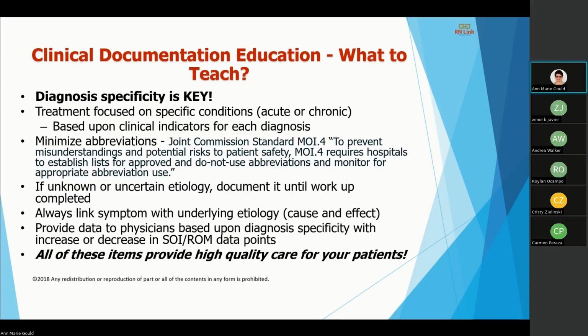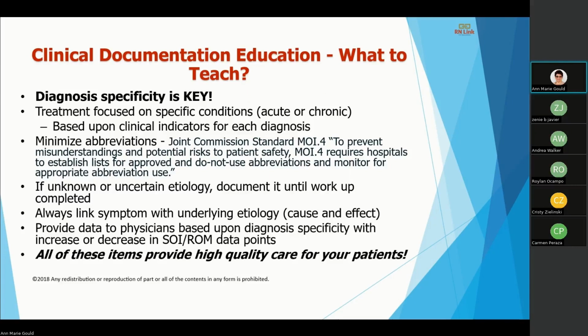And Joint Commission Standard MOI.4, to prevent misunderstandings and potential risks to patient safety, requires hospitals to establish lists for approved and do not use abbreviations, and monitor for appropriate abbreviation use.